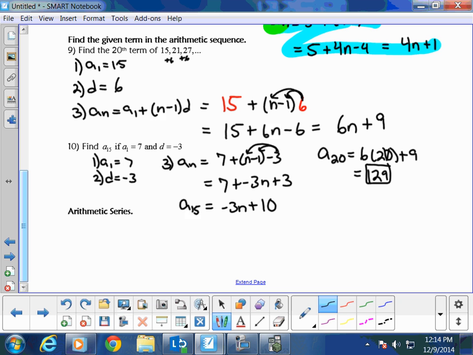So in this case, we're going to do -3 times 15 plus 10, which means I get -45 plus 10, which equates to -35. So there you go, that's how you do this. Now let's move on to the next question.